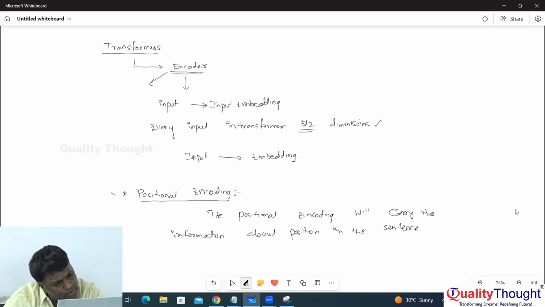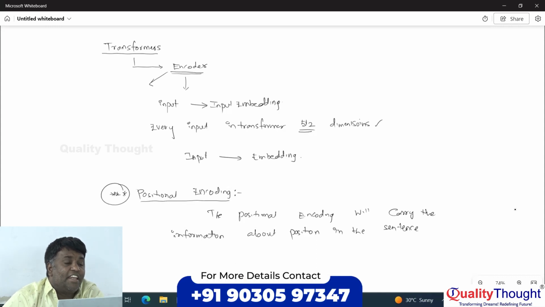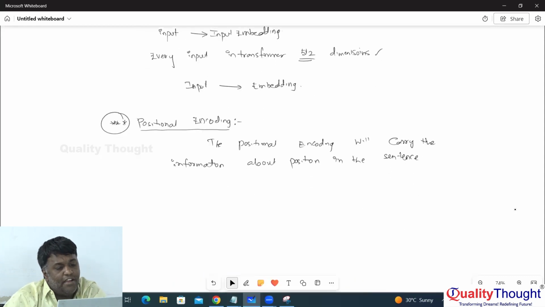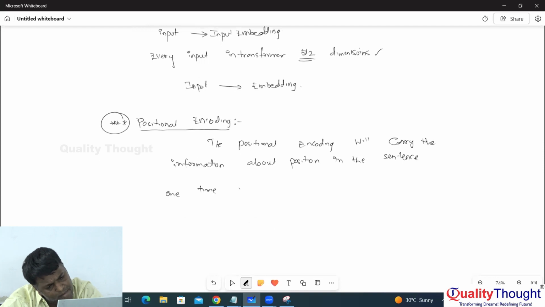So positional encoding is most important. This positional encoding will establish the relationship between the words. The positional encoding is a one-time activity. This positional encoding can be done: PE of pos, 2i will be the even position.